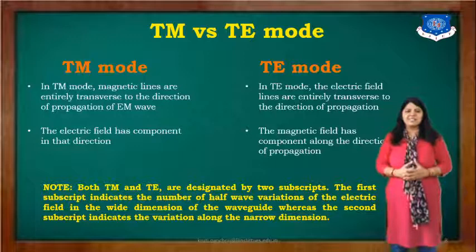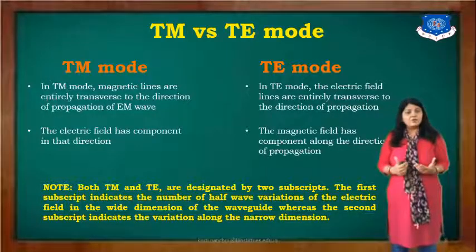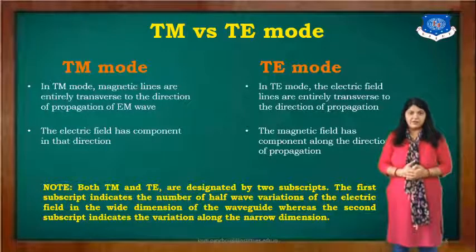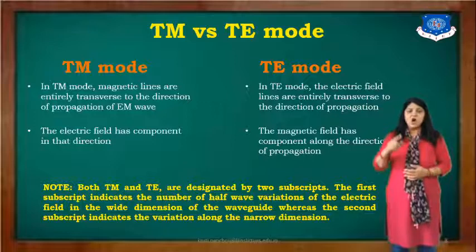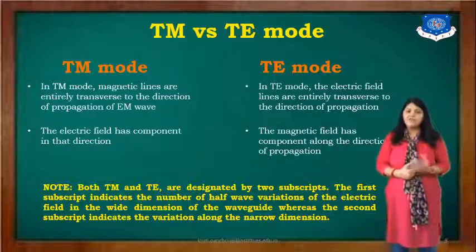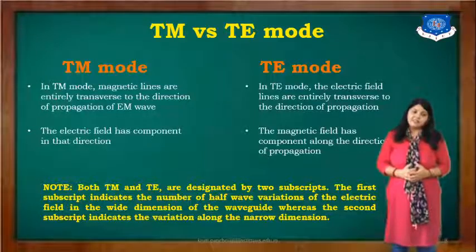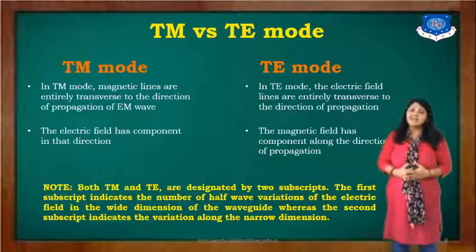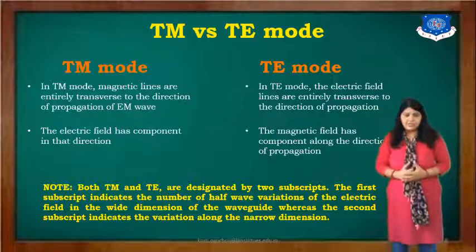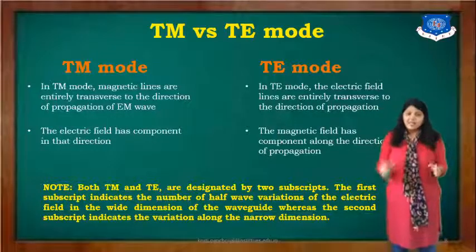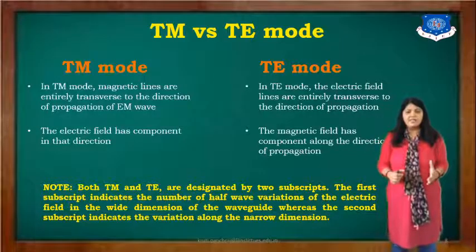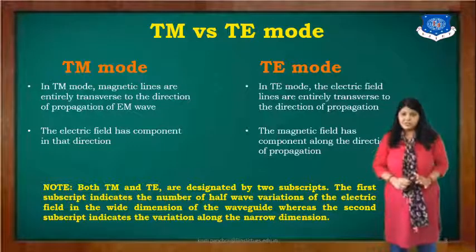The first subscript indicates the number of half variations of the electric field in the wide dimension of the waveguide, whereas the second subscript, N, indicates the variation along the narrow direction. So half variation in the wide direction, half variation in the narrow dimension.